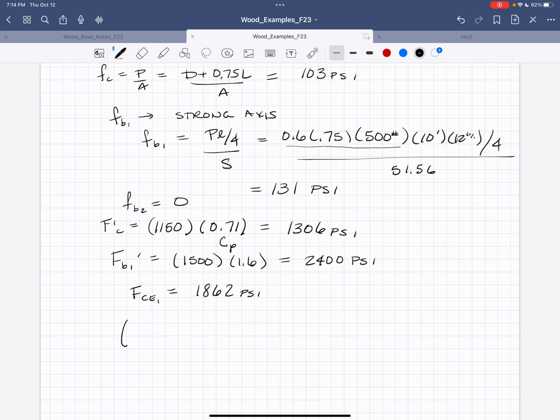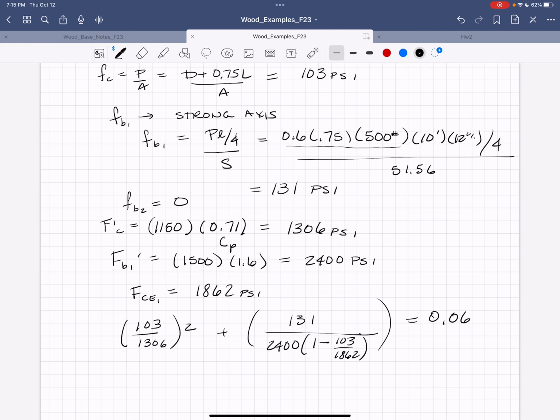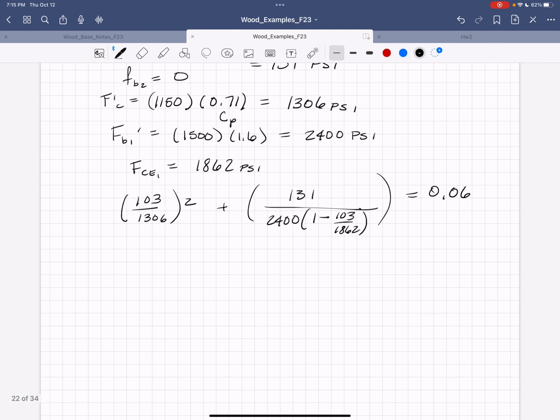Now let's go back to the main equation. 103 psi over 1306 psi, squared, plus 131 psi over 2400 psi times the quantity 1 minus 1 over 3 over 1862, and we get 0.06. So this just has to be less than or equal to 1, right?